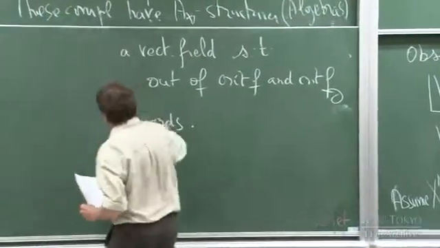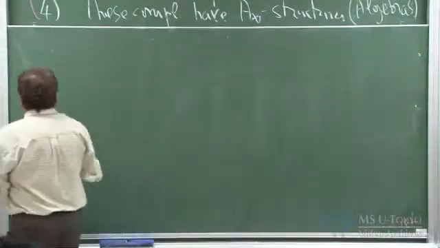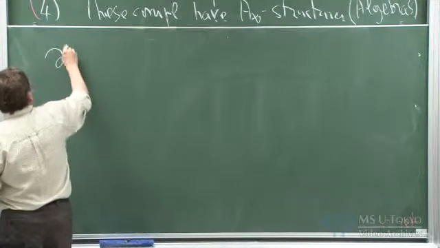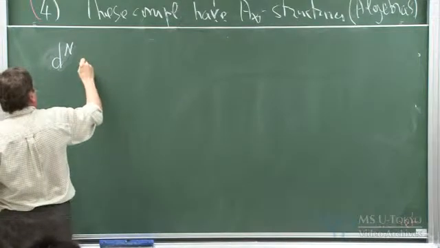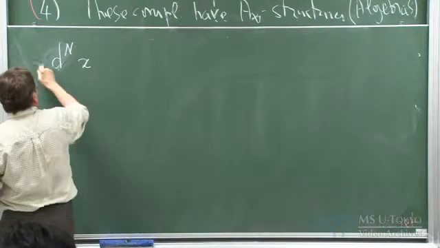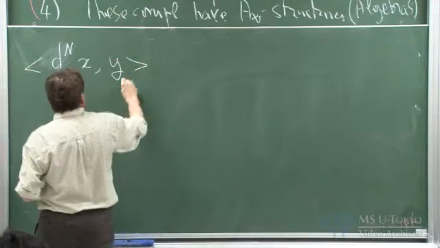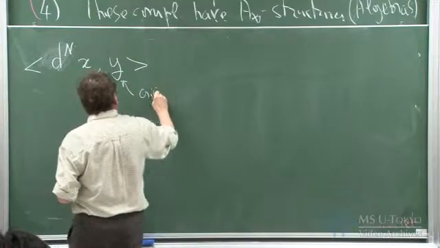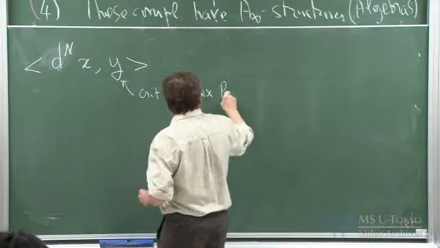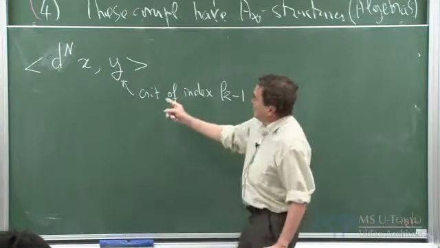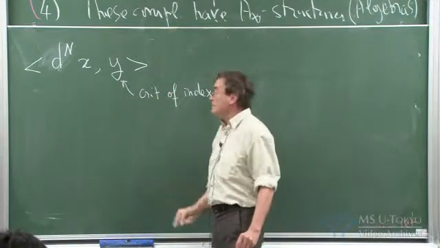The differential of type n of a point, a critical point of index k, evaluated on y, which is a critical point of index k minus 1, critical points in the interior or critical points of the restriction to the boundary.